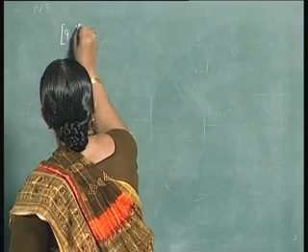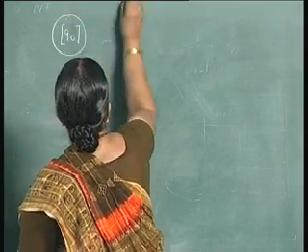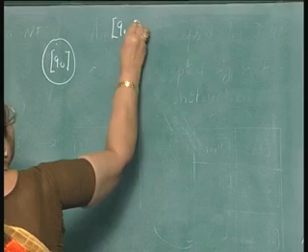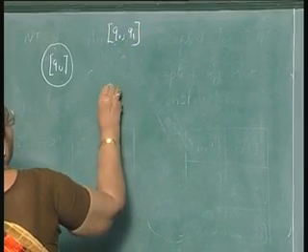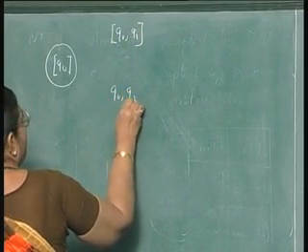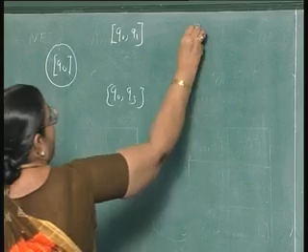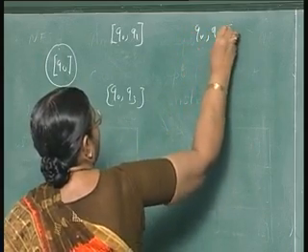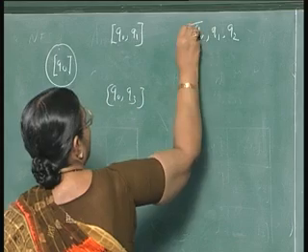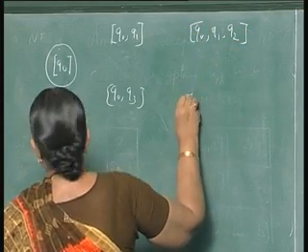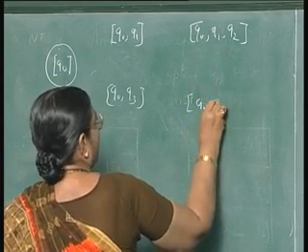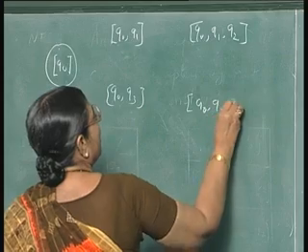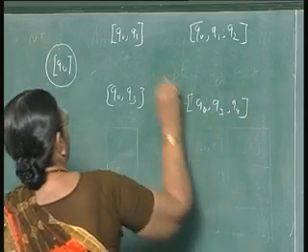Q0, then Q0 Q1, Q0 Q3, Q0 Q1 Q2, then Q0 Q3 Q4.